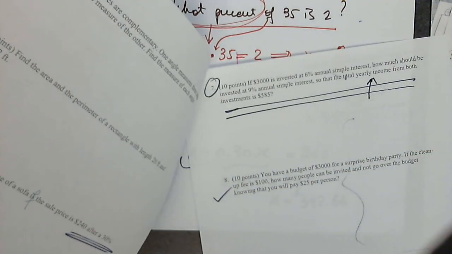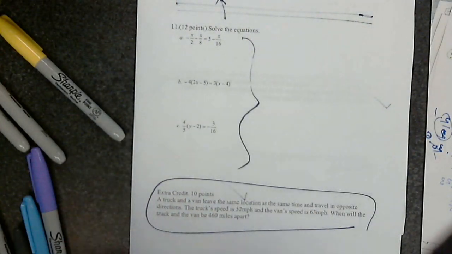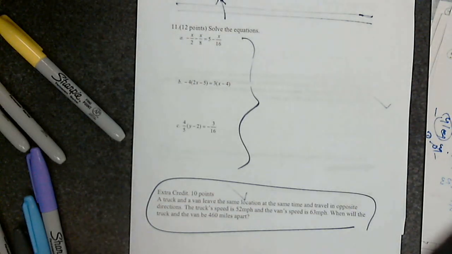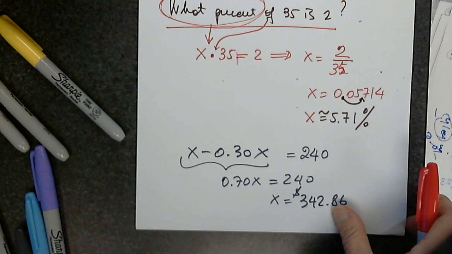So I would like to finish up today, unless we have more time to do more, with problem 7 and one of the equations with fractions that you feel like working on. Which equation with fractions do you feel like working on? We do A. Yes, let's do it.